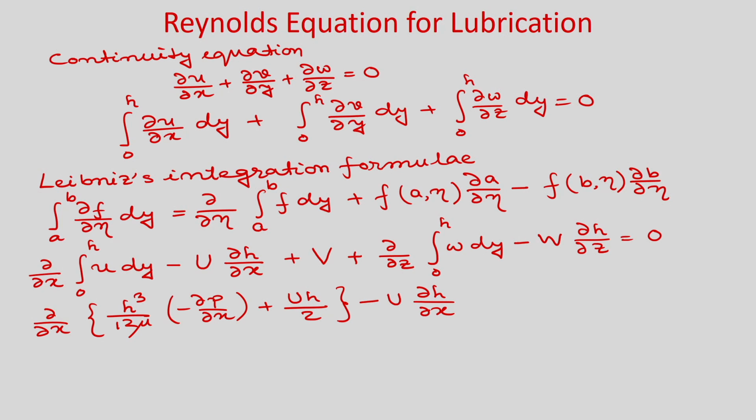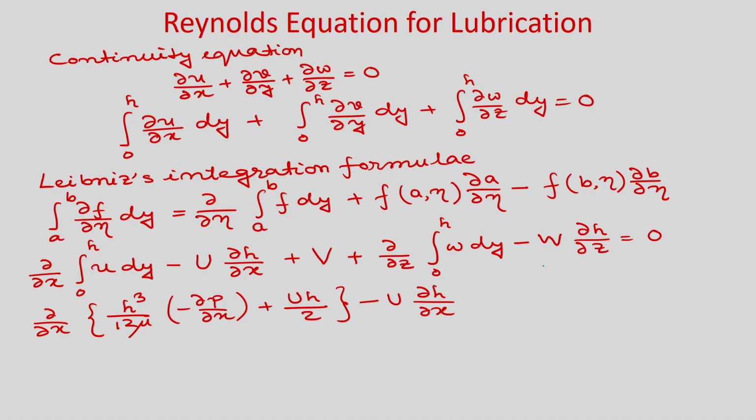Now, let us write the velocity V in terms of the height h. Obviously, if we use the material derivative, then V is nothing but, in terms of the Lagrangian frame, dh by dt.